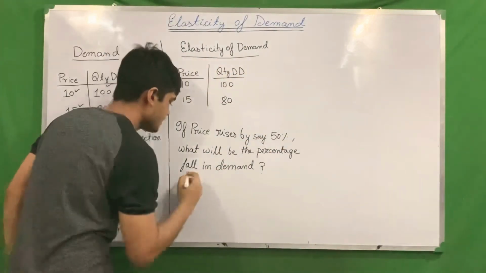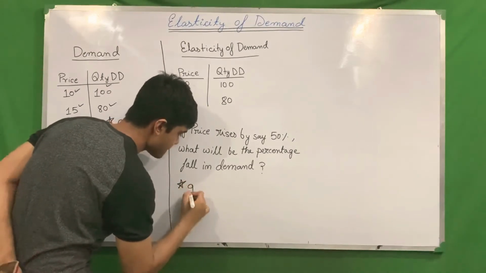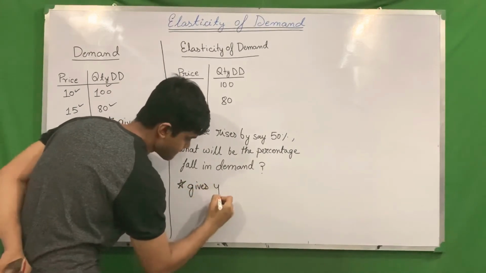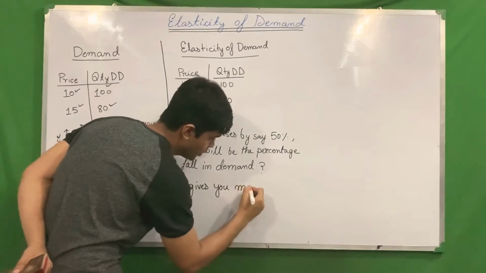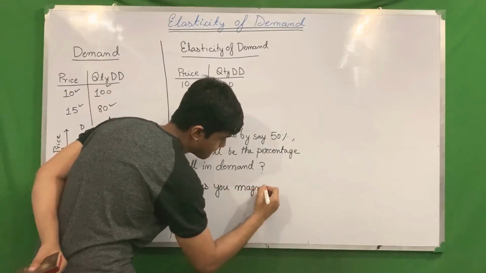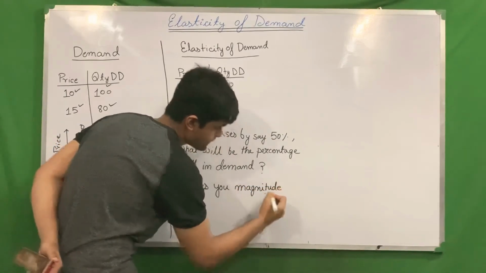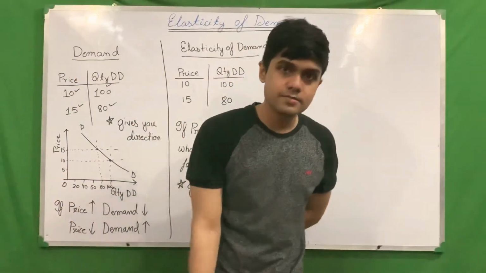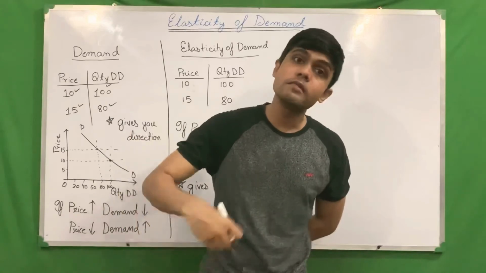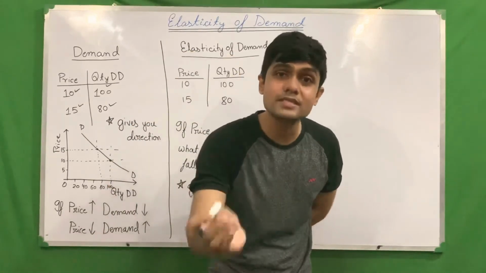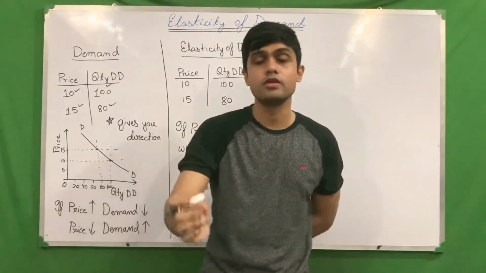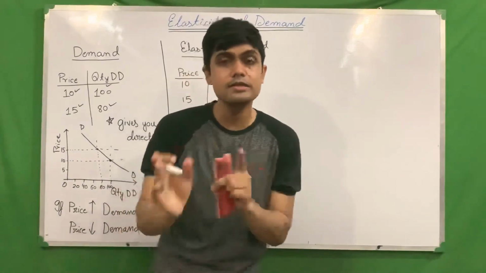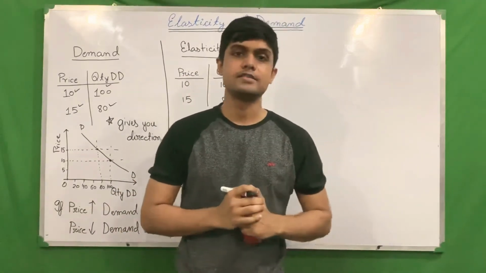Elasticity of demand gives you magnitude. Gives you magnitude means if price rises by a certain percentage, what will be a fall in demand in percentage term? What will be the exact falling? So the exact percentage is given in this elasticity chapter.